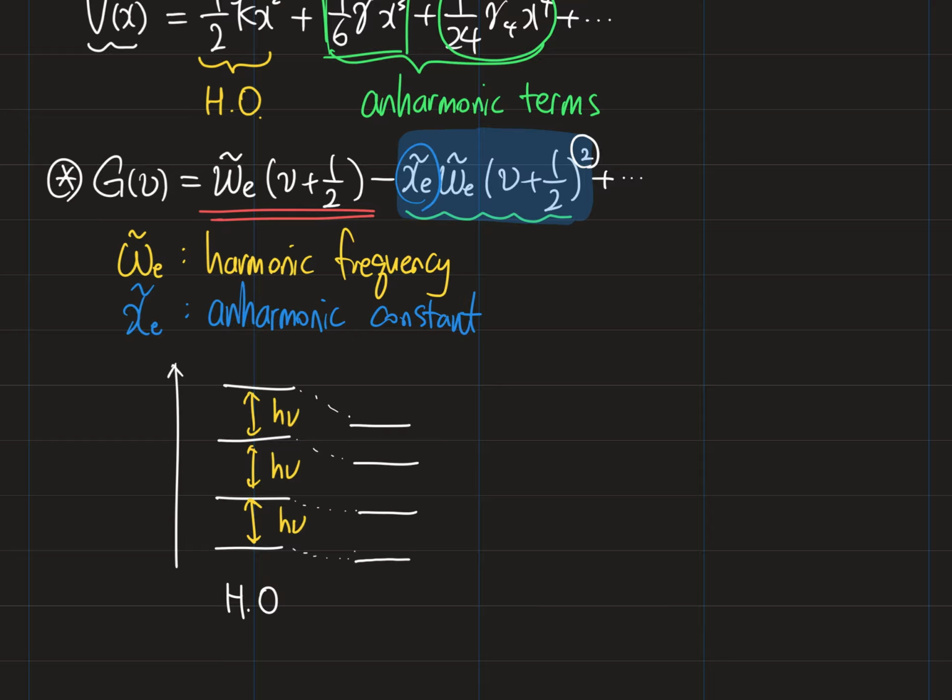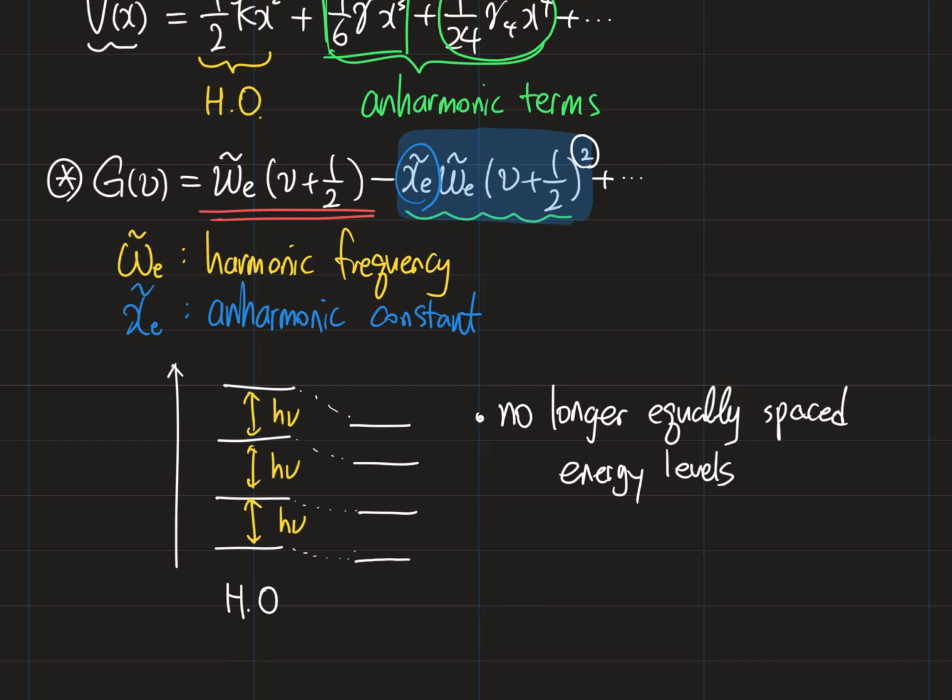So this is one of the results of deviation from ideal harmonicity: no longer equally spaced energy levels.